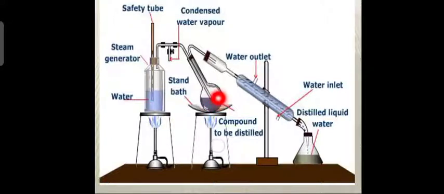Now the vapors of steam as well as the pure organic liquid both will come out, because both are miscible in the vapor state. And this method is suitable for a mixture which is immiscible in the liquid state but soluble in the vapor state. Since the vapors of organic liquid and steam are both soluble in the vapor state, they will come out together.